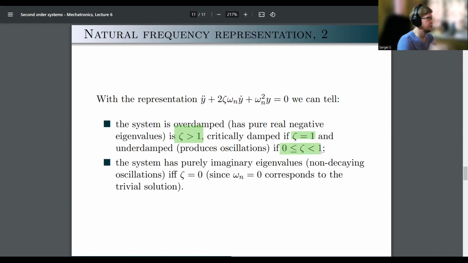This one is stable but with oscillations. Very simple. So the system would have purely imaginary eigenvalues if and only if this is equal to 0.